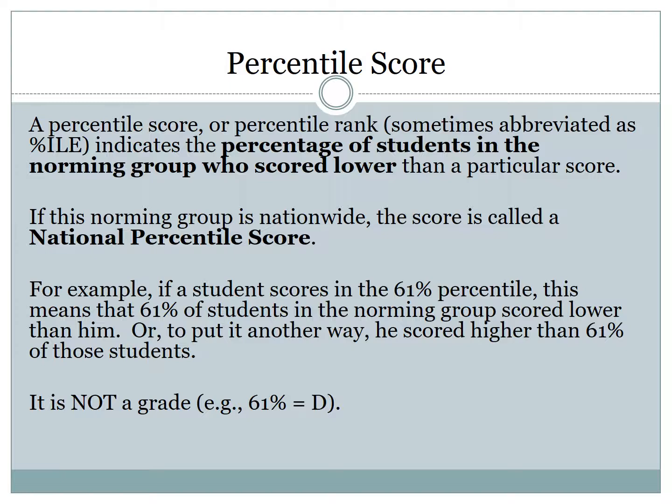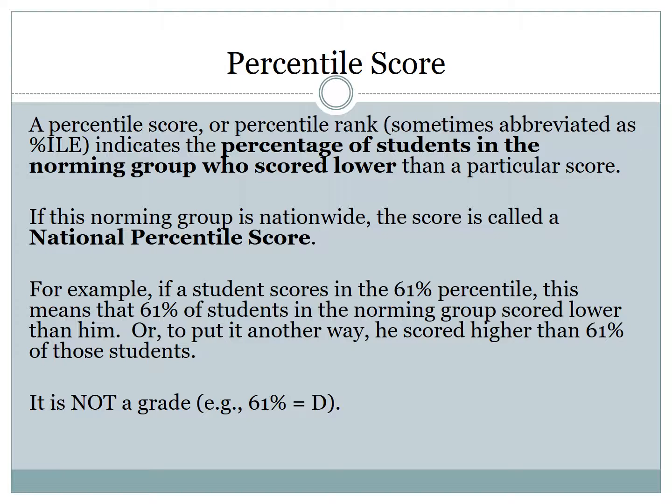They gave this test to that group to derive what the normal scores are, and then they plotted a normal curve, and then they see where the students who are taking the test compare against that normal curve. If that's a national sample, it's called a national percentile score.